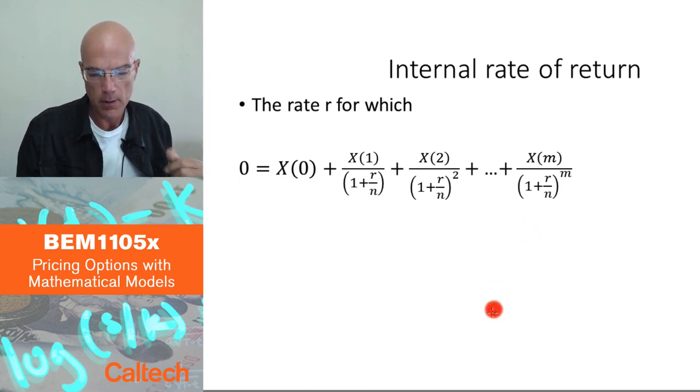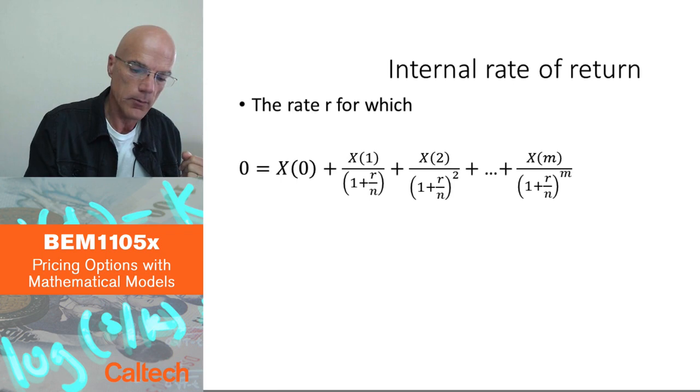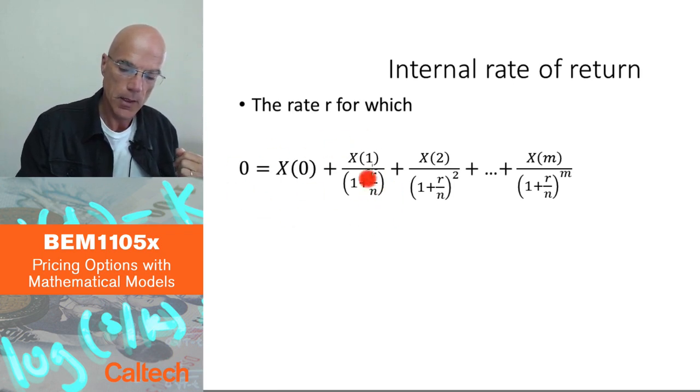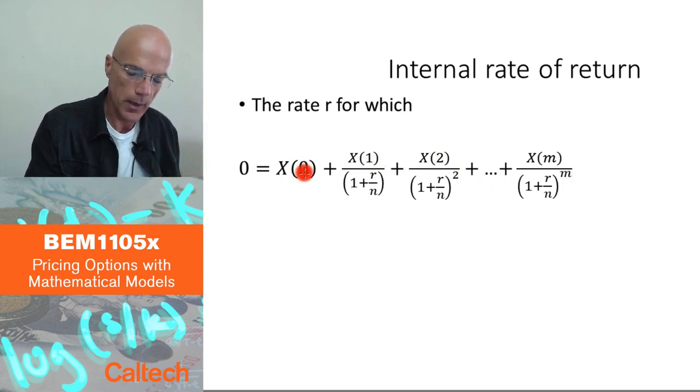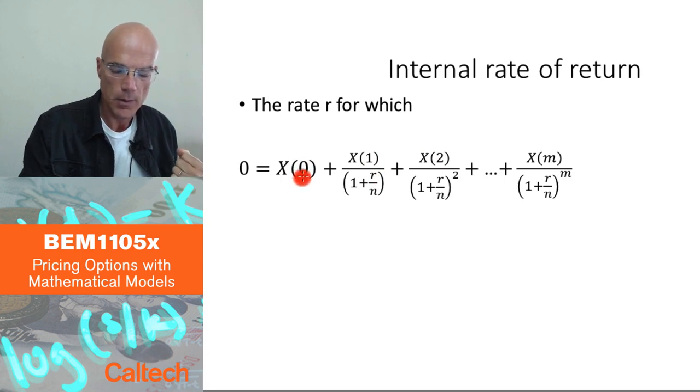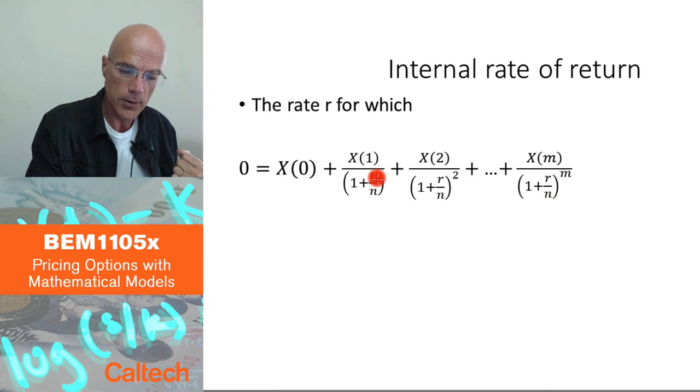If we believe it's fairly priced and the value is 0, then the fair rate, the actual rate that goes with this investment, is the rate which makes it equal to 0. So you add the present value of all these payments, the payments that you will receive and the payment that you pay at the beginning, and you have to find r for which this is 0.